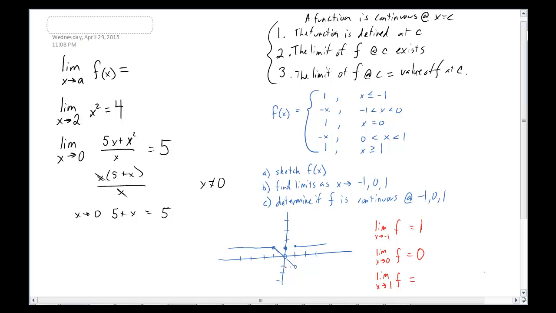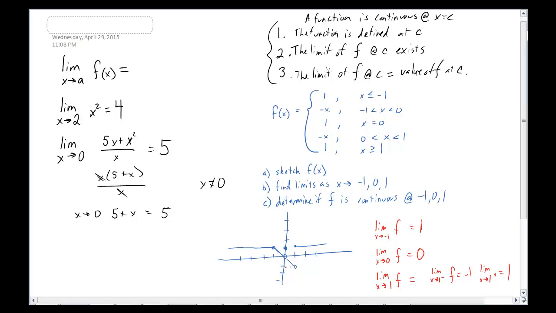So I'm approaching two different values. The way that I could write this is the limit as x approaches 1 from the left, so that little negative sign means from the left, of f equals -1, but the limit as x approaches 1 from the right is equal to +1.